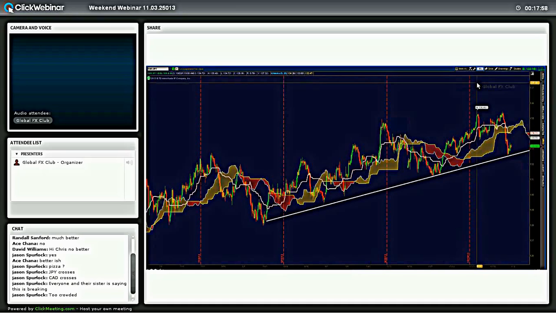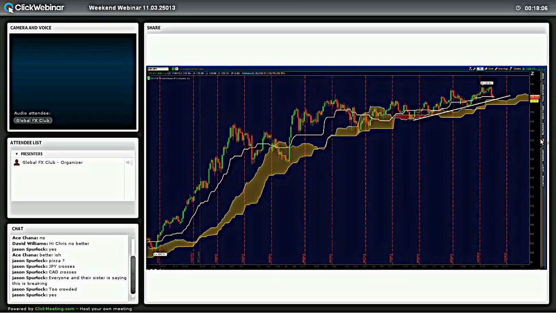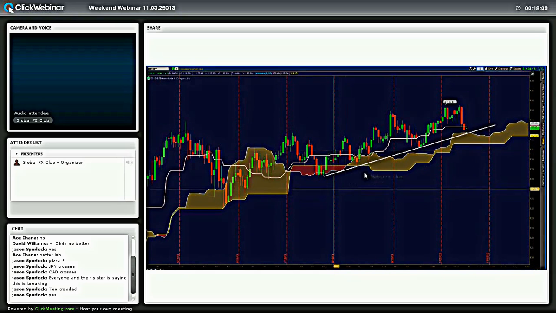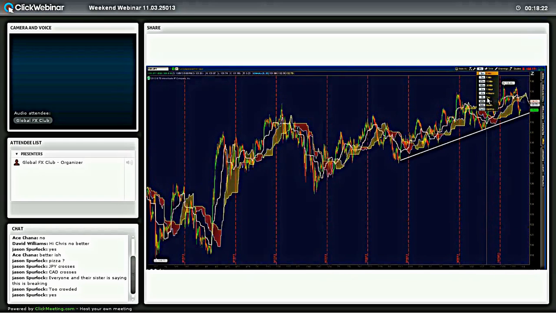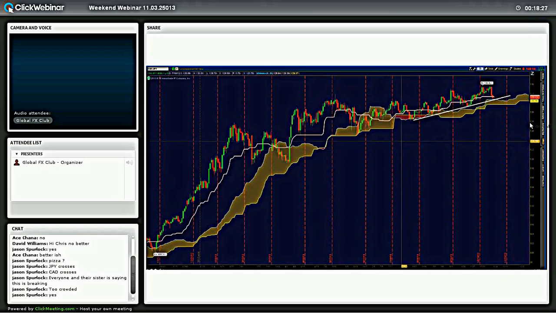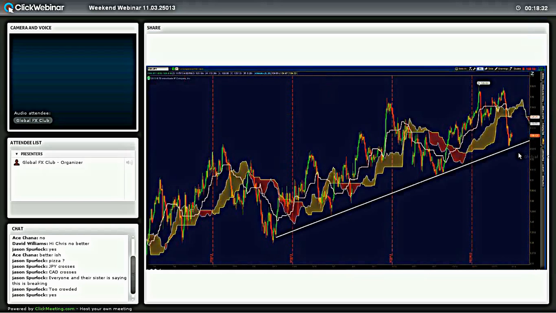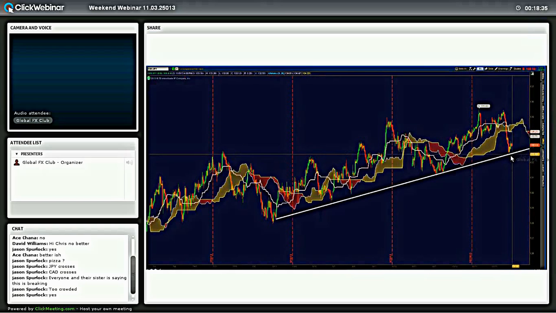In regards to Euro yen, Jason, in my opinion, price has been really bullish. Unless it breaks below this daily trend line and starts trading within the cloud, I would be looking for long opportunities, mainly because of our daily setup. On a 4 hour time frame, it shows us something different. It basically shows us that price has been falling and it looks poised to break below the trend line.